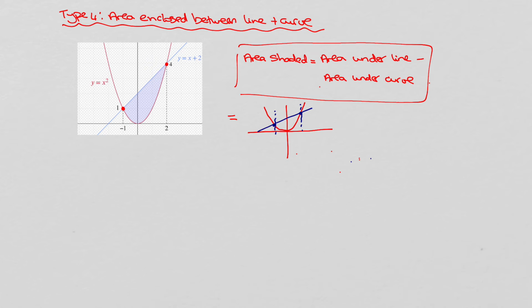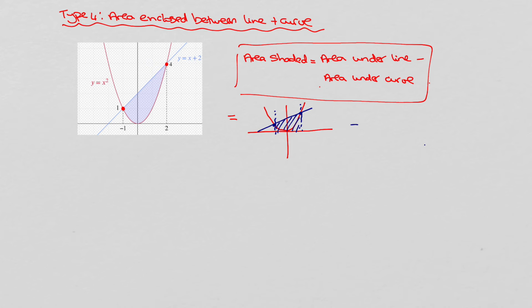Well, the area under the line would be that shape there, which is actually a trapezium. So you could use the area of a trapezium to get the area of that shape, or you can integrate between those two limit points.